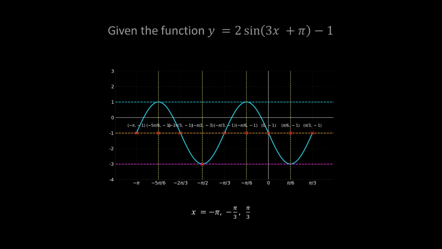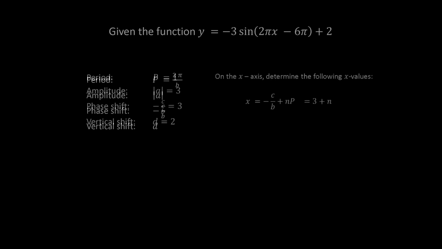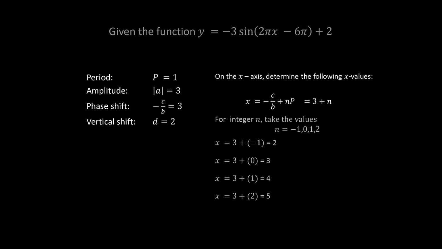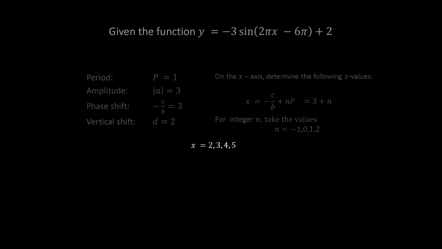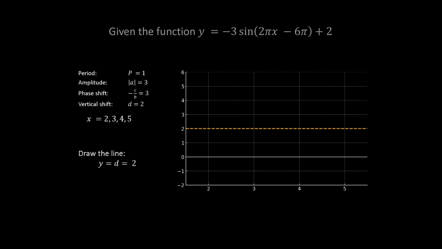Now, let's look at another example of a sine function. As before, we compute the 4 key values: the period, amplitude, phase shift, and vertical shift. From these, we determine the cycle points. The midline y equals 2, and then we plot the cycle points.